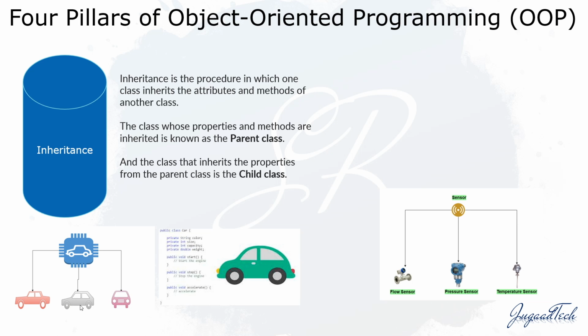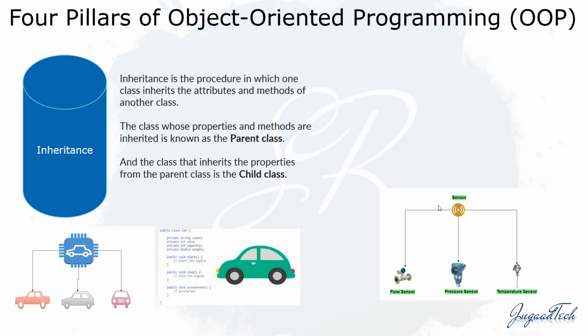Each car has its own individuality also, like the acceleration speed is faster, or they have different colors. So the class from where we inherit is the parent class, and the class which inherits from the parent is the child class.